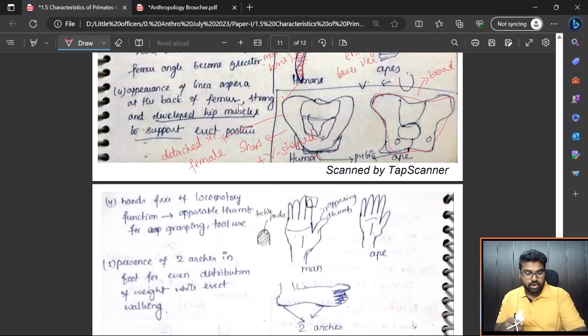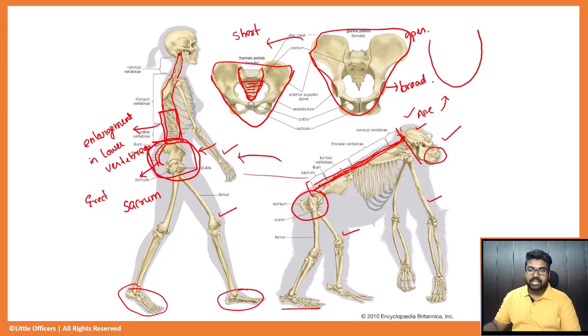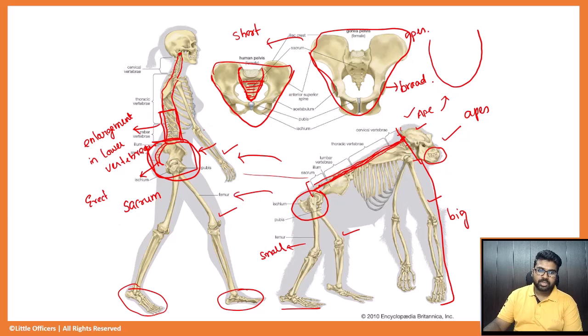Let's come back here. In case of apes, look at these apes. The forelimbs are bigger, and the hind limbs are small. But in case of humans, it is the opposite. The forelimbs are small compared to the hind limbs. Because the hind limbs need to take more weight, for jumping and other postures.